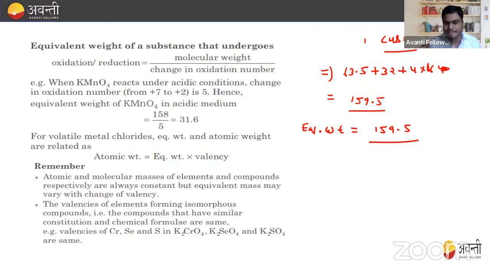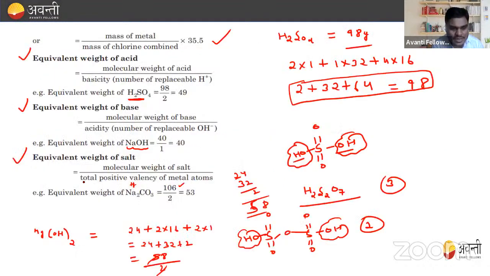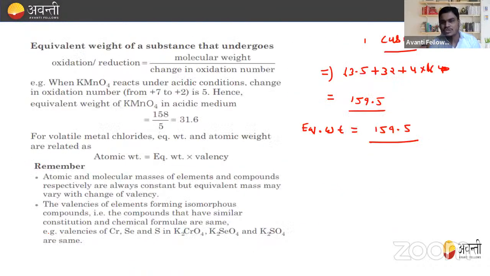Beta, you just have to calculate the total positive valency of the metal atom. We know that in copper sulfate, copper has +2 and sulfate has -2. So just divide by 2. So this is how you can calculate the equivalent weight of a salt, right?